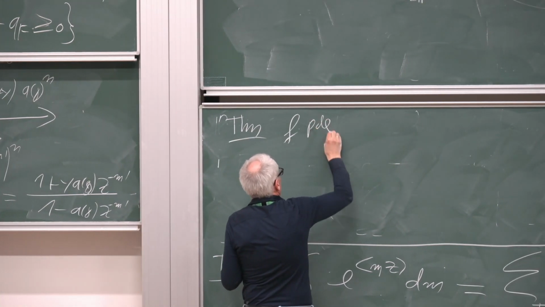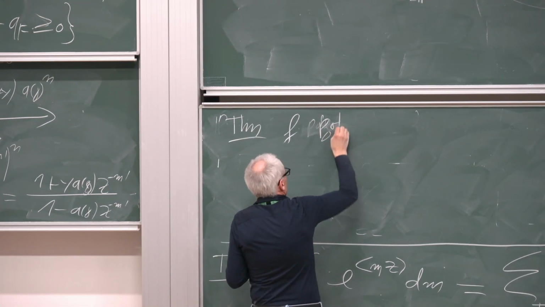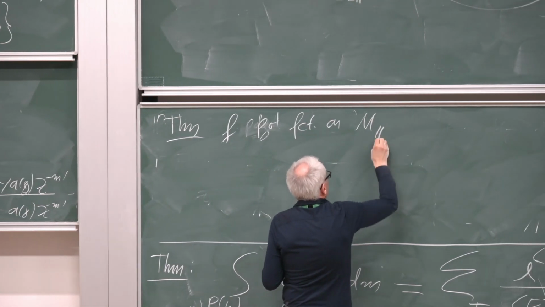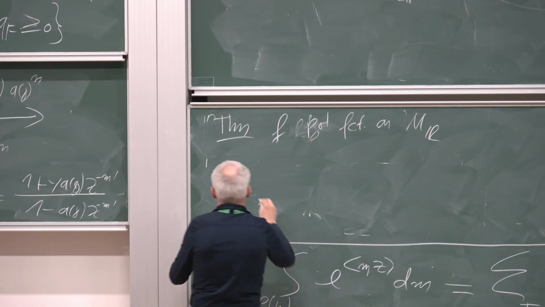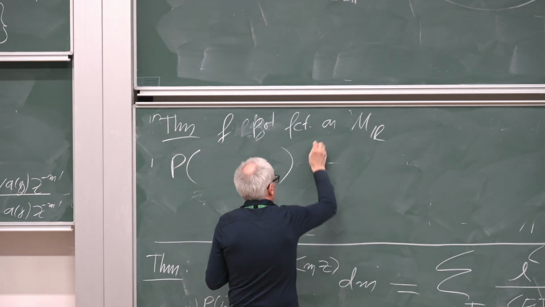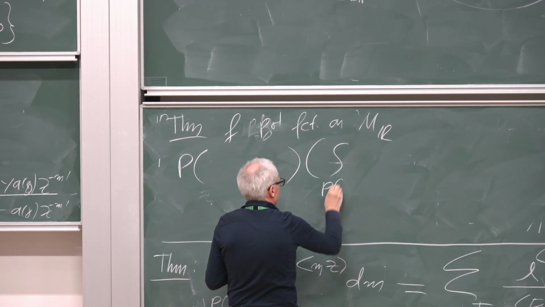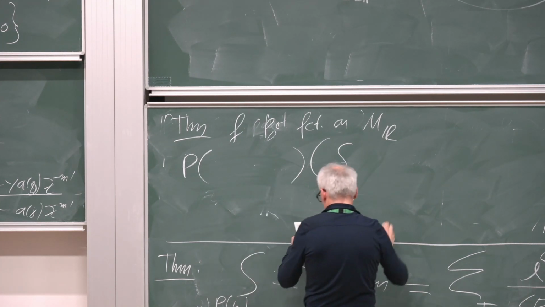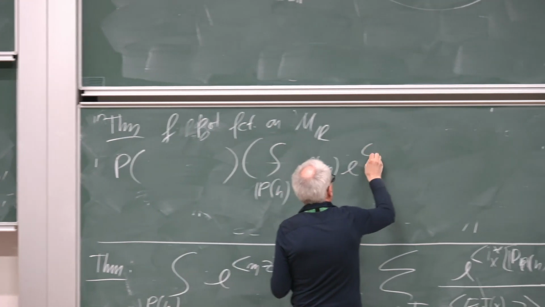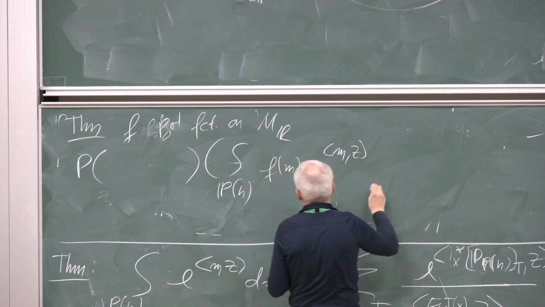F, a polynomial function on M_R. And now we can calculate. We go to this deformed integral over this deformed lattice polytope. We want to integrate not just the exponential but also this function e to the m z.